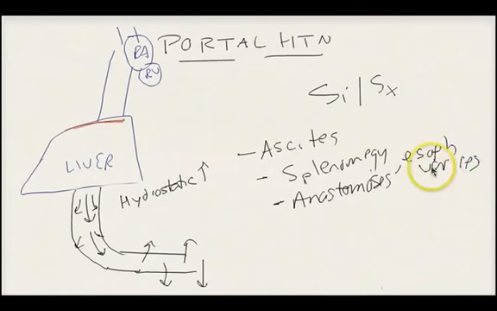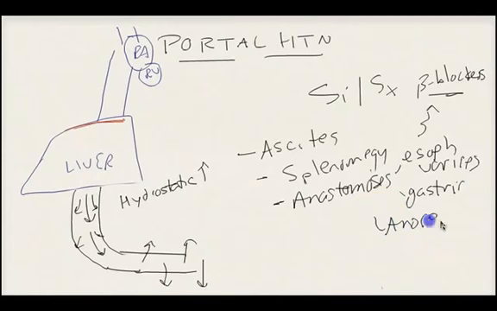And we know esophageal varices are very, very dangerous. Remember, these can rupture and lead to hemorrhage. And we control those with beta blockers in order to prevent them from bursting. We see gastric varices. We can see anorectal varices. We see caput medusa. And remember, caput medusa is seen around the umbilicus.